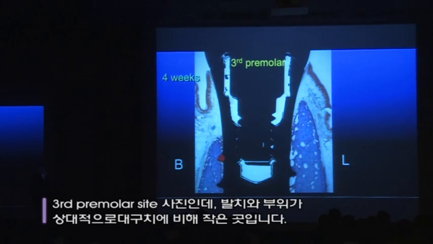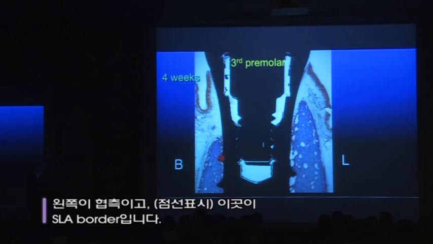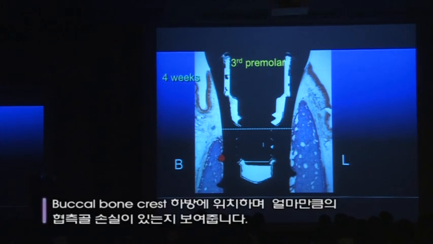So this is now the third premolar site, where the alveolar socket is relatively small. Buccal is illustrated to your left. This is the SLA surface border, in other words, the rough surface border, which was located below the buccal bone crest.